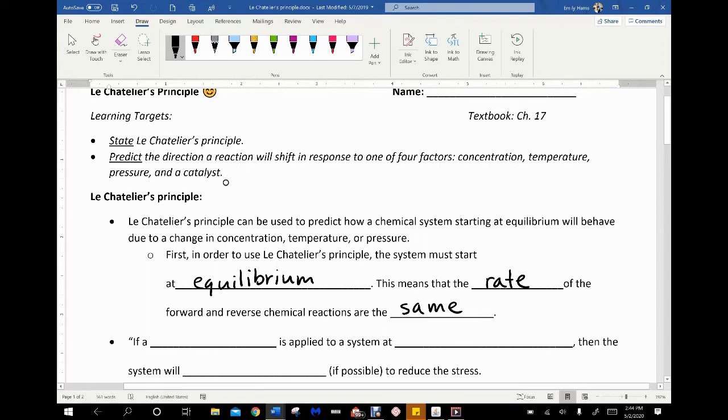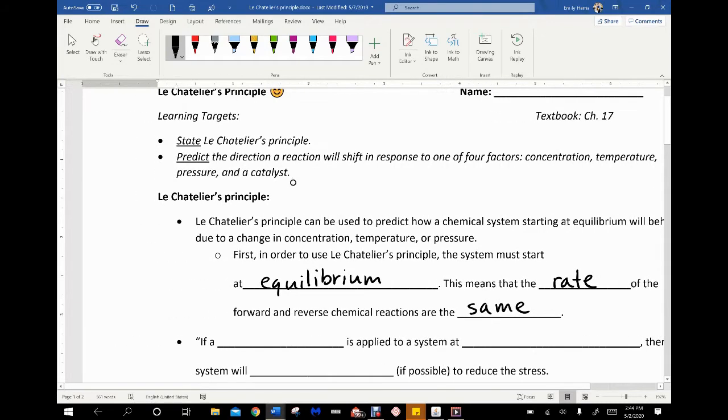So you'll be making the products in the forward reaction at the same rate that you are remaking the reactants in the reverse reaction. Just to make sure we're good on our terminology, when you're going from reactants to products, that's what we're calling the forward reaction. When you're returning from products to reactants, that's called the reverse reaction. So that's what we mean there.